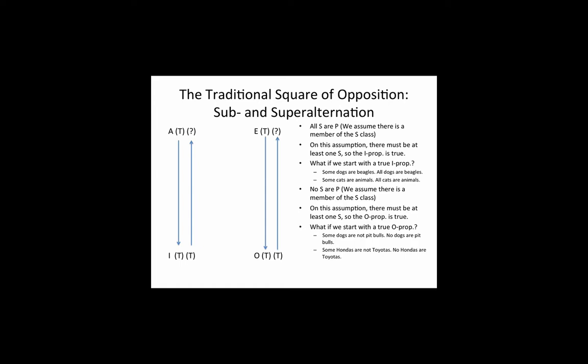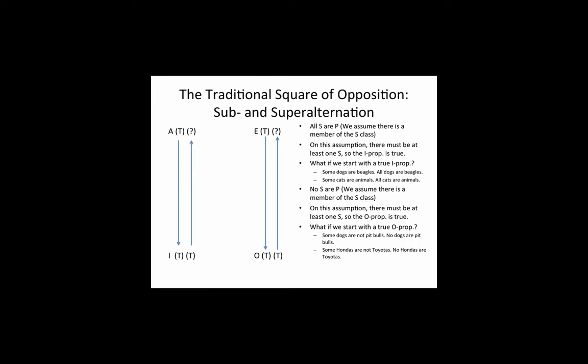And what we're going to start with is the inferences that we can make from A to I and E to O. In other words, we're going to talk about subalternation, and we'll talk about why it is the case that under certain circumstances you can't infer the A from the I or the E from the O, and why under certain circumstances, and that will be the next slide, you can't infer the I from the A or the O from the E.